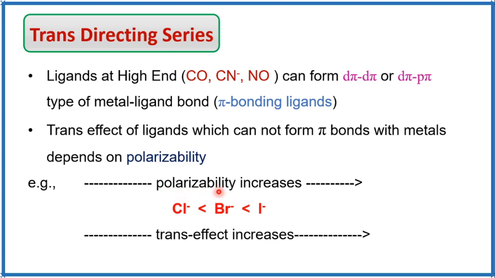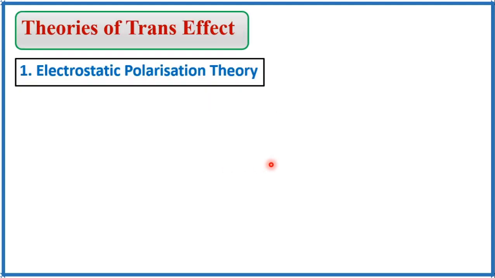As the polarizability of the ligand increases, its trans directing ability increases. So the trans effect of a particular ligand depends on its pi bonding nature and its polarizability.